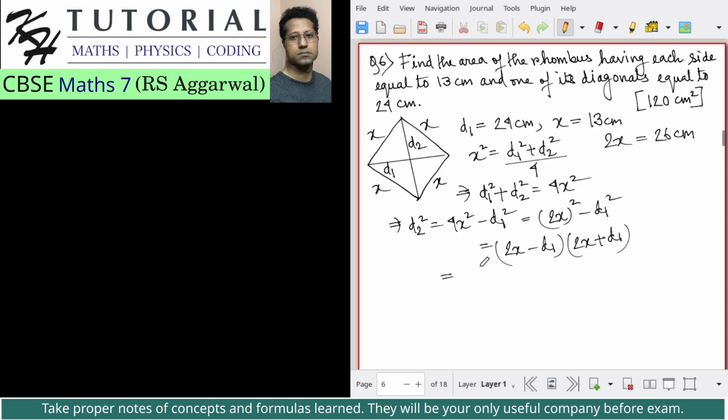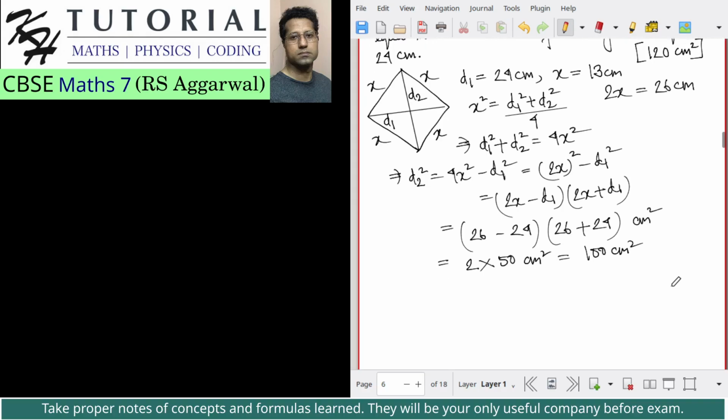So d2 square will be 26 minus 24 multiplied by 26 plus 24 centimeter square. This is equal to 2 multiplied by 50 centimeter square, which is 100 centimeter square.